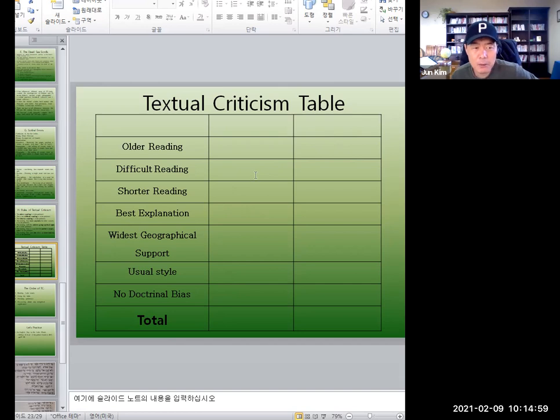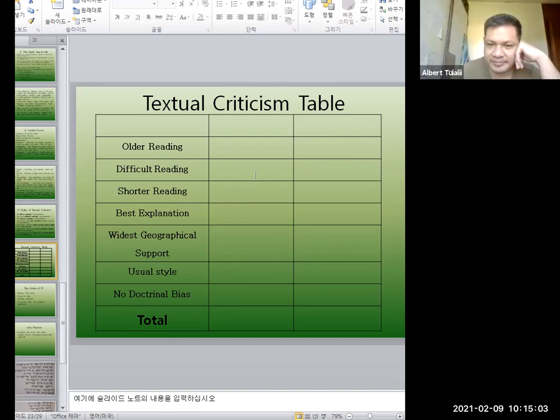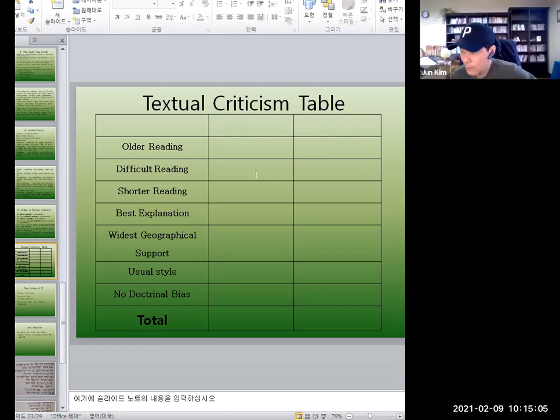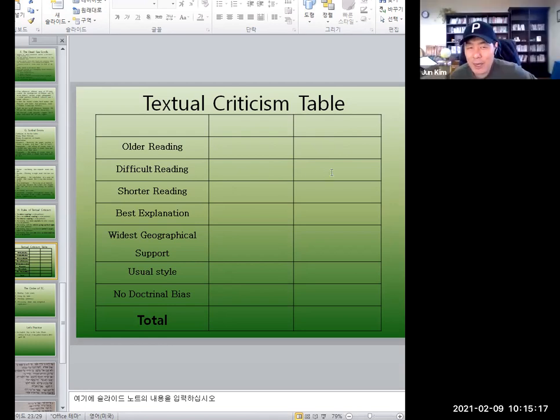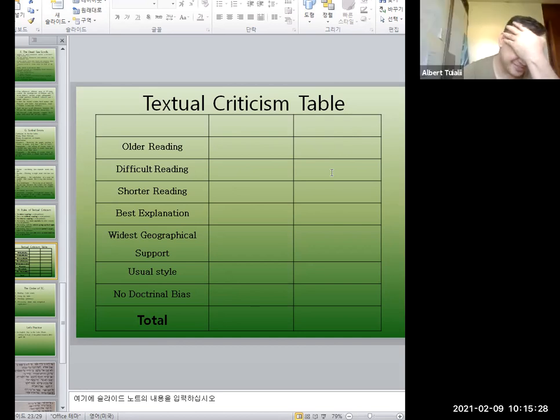What about difficult reading? The Septuagint. Why do you think so? Because BHS is very easy to understand. If we say, may the Lord bless you or kindly deal with you, is there any difficulty? I don't know.